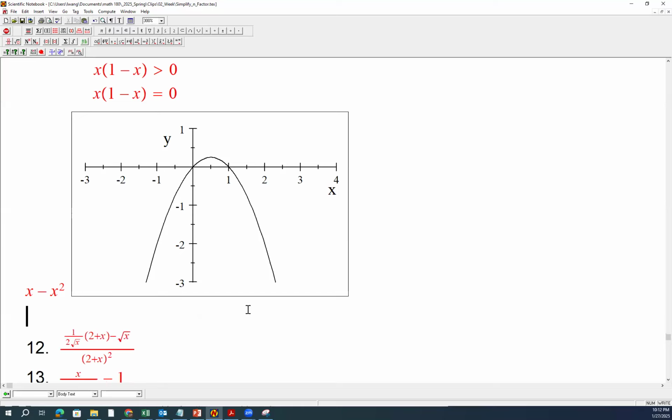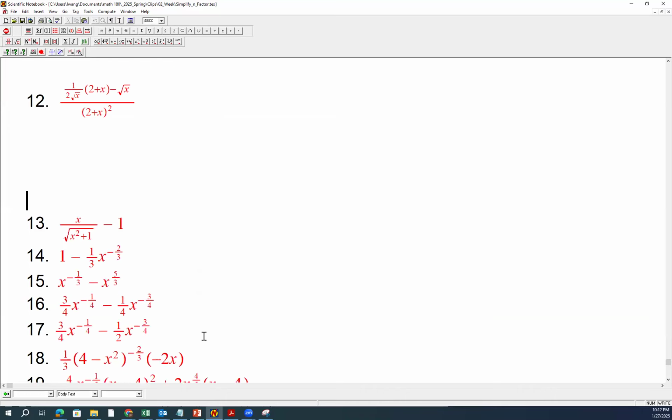So next, another quadratic. First of all, you can see the domain. Well, 2 plus x cannot be 0, and root x here is in the denominator, right?